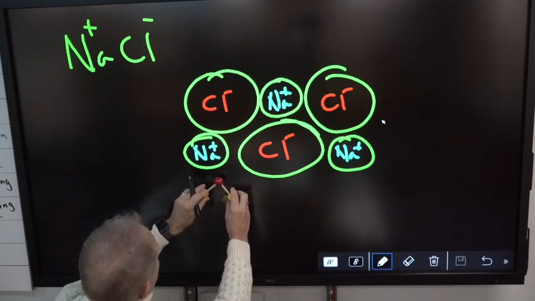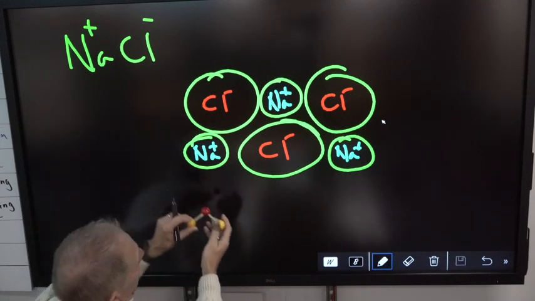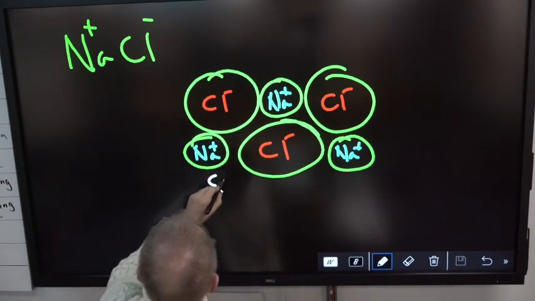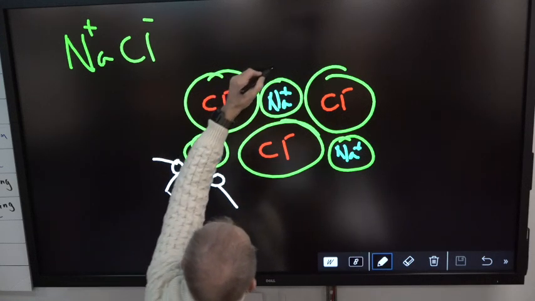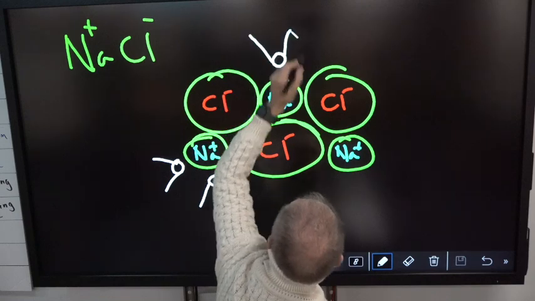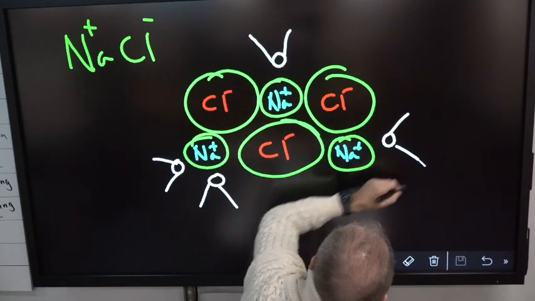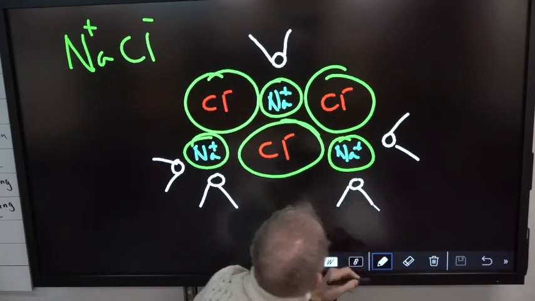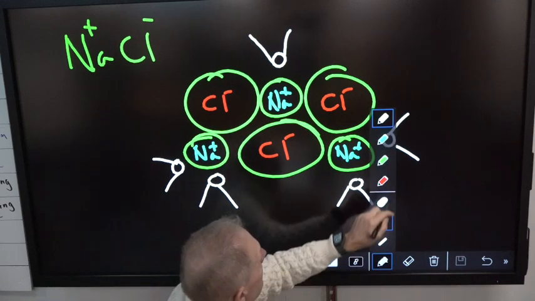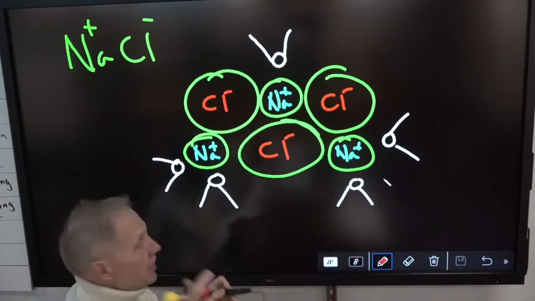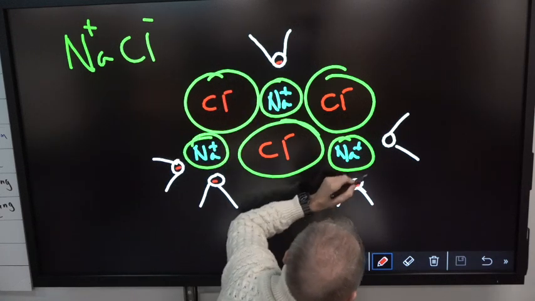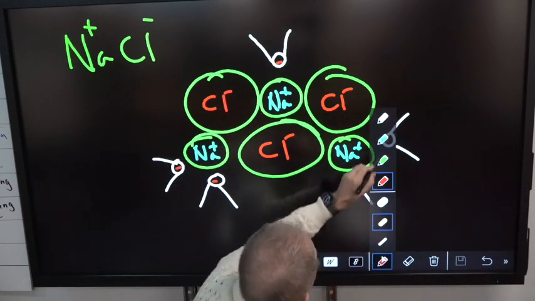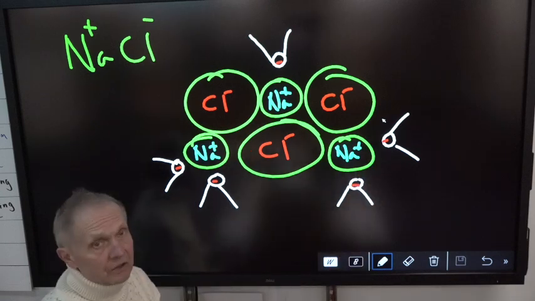So we're going to draw it like this. I'm not going to put the hydrogens on there. And remember, the oxygen end is negative. So that's what that looks like.